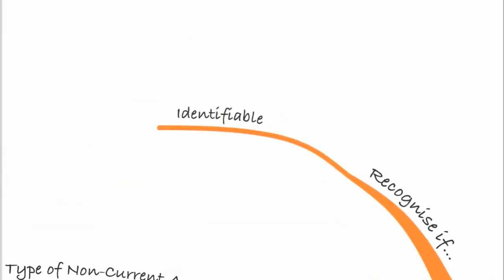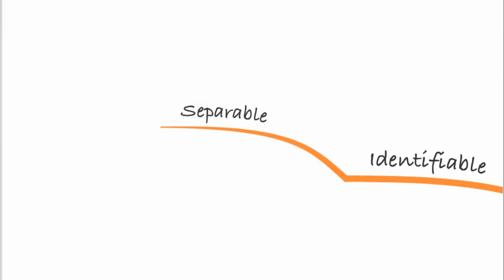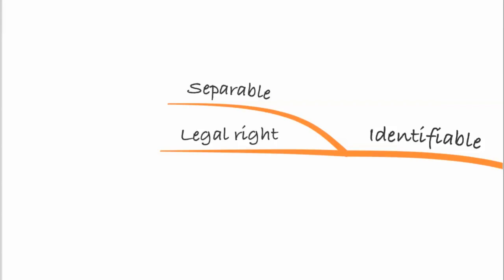That means it needs to be separable. You need to be able to separate it out from other assets, and you need to have a legal right to it. So you need to be able to identify what the intangible asset is aside from other assets, and to establish that you have a legal right to it.